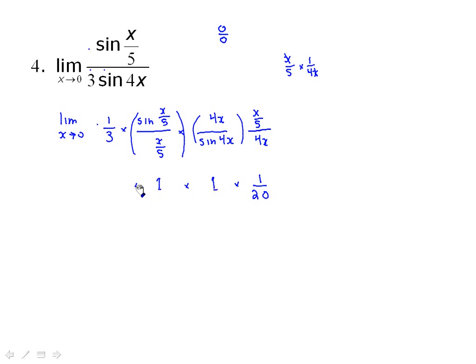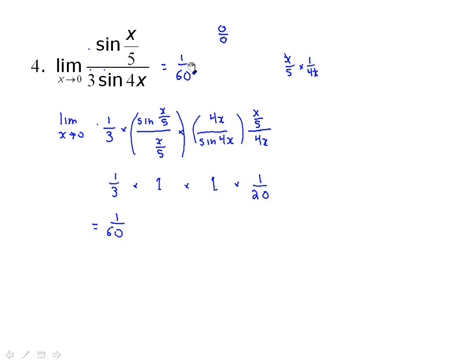And then times 1/3. And then that's equal to 1 over 60. So it looks complicated, but it isn't really all that bad.